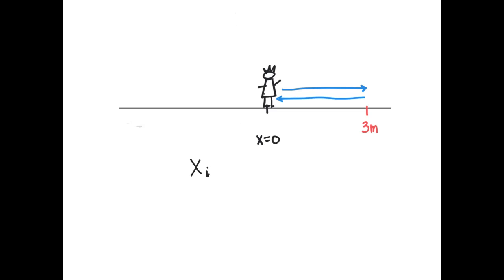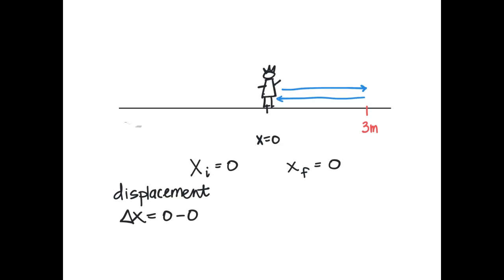So if our x initial is where we started, and our x final is where we end, then our displacement calculation is the final position minus the initial position. So delta x will equal 0 minus 0, or 0, no displacement.